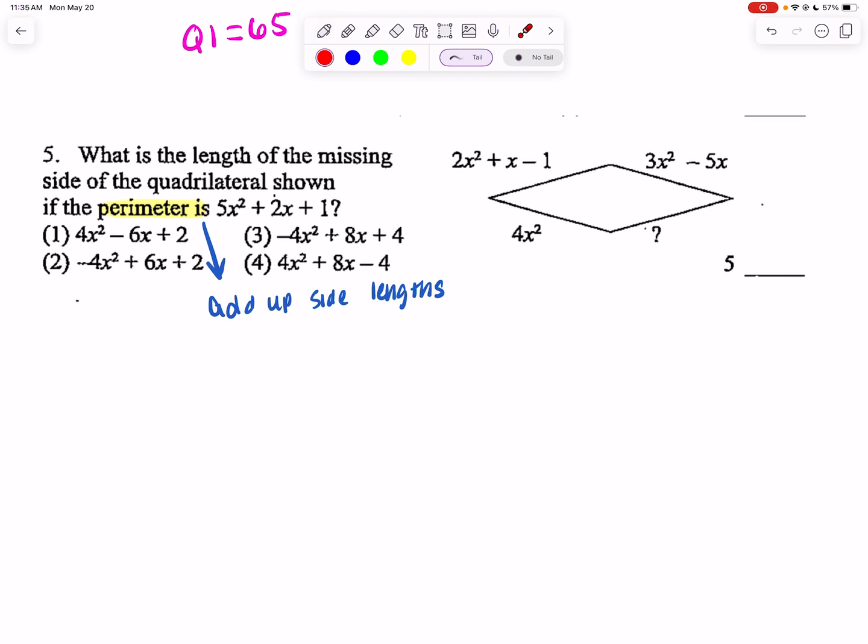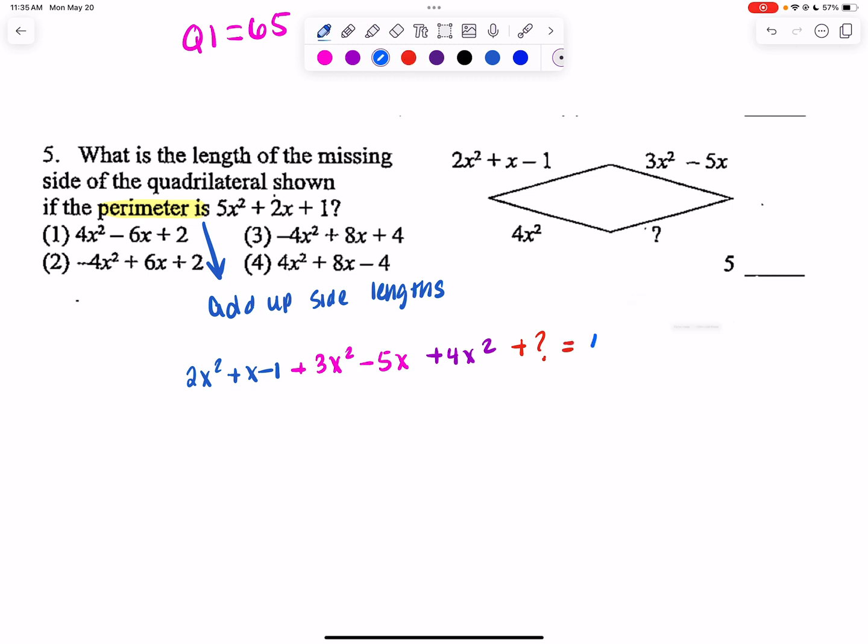So basically, I know if I do 2x squared plus x minus 1 plus 3x squared minus 5x plus 4x squared plus my question mark, that's going to be equal to 5x squared plus 2x plus 1, right?